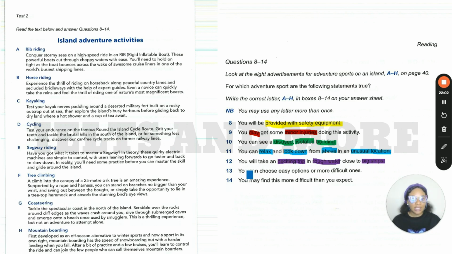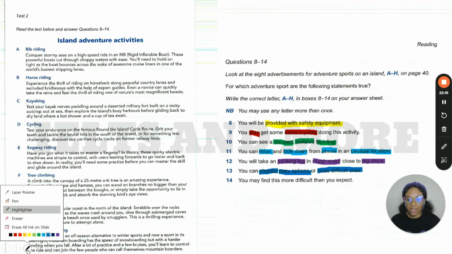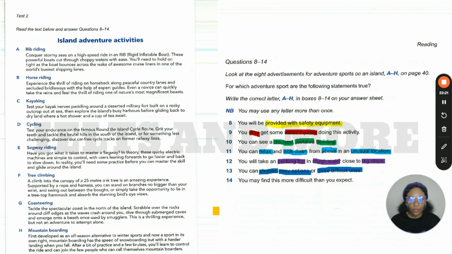Number 13 says you can choose easy options. So it's your choice, easy options or more difficult ones. Right? Finally, number 14, you may find this more difficult than you expect.